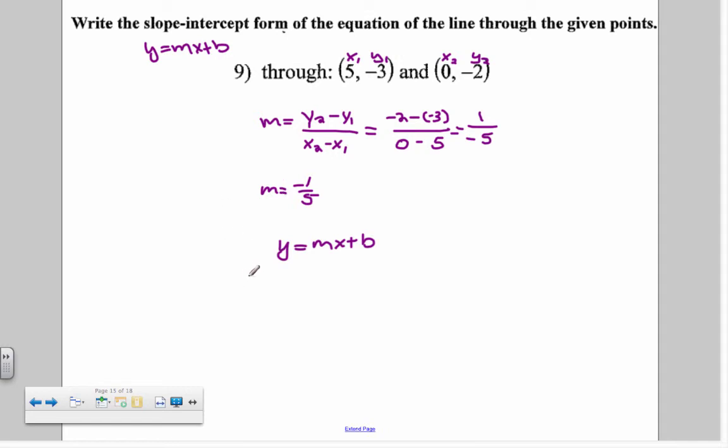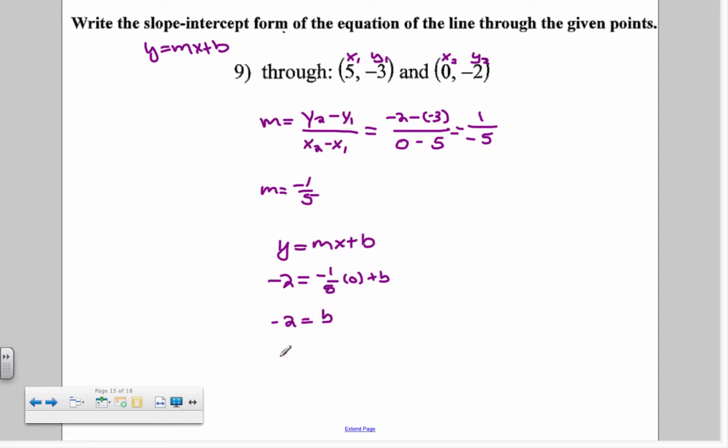But either one would be fine. So let's plug in that my y is negative 2. My slope will always stay the same. It's negative 1/5. And my x is going to be 0. Well, negative 1/5 times 0 is just 0. So my y equals negative 2.